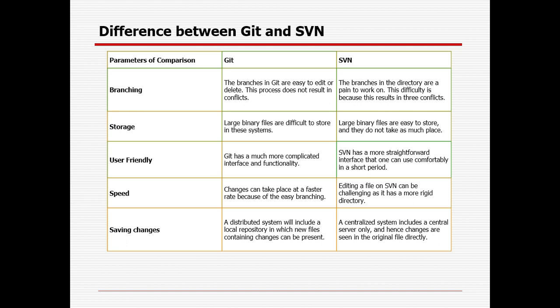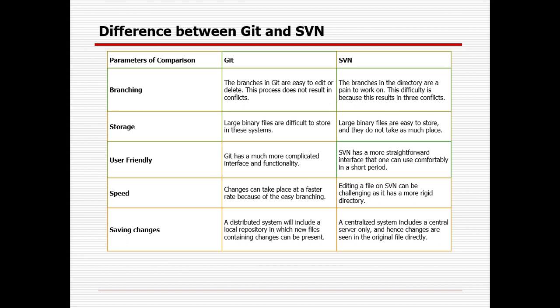User friendly. SVN has a more straightforward interface that one can comfortably use in a short period of time, but Git has a much more complicated interface and functionality, so it takes some time to use it. Speed. Changes can take place at a faster rate because of easy branching. Whereas in SVN, editing a file can be challenging as it has a more rigid directory.